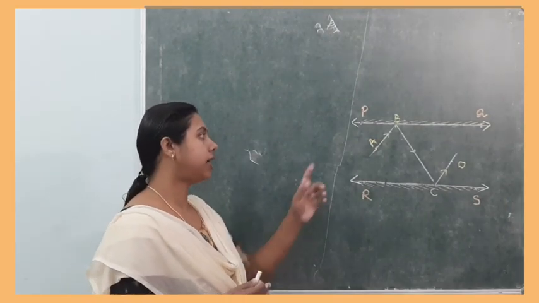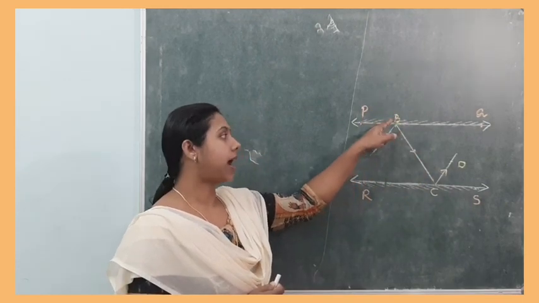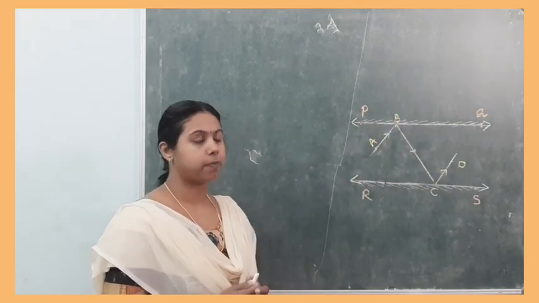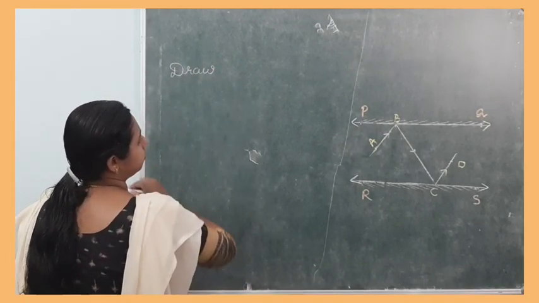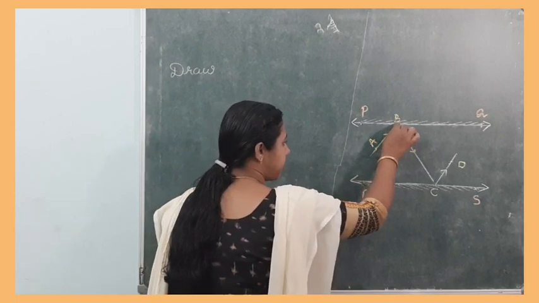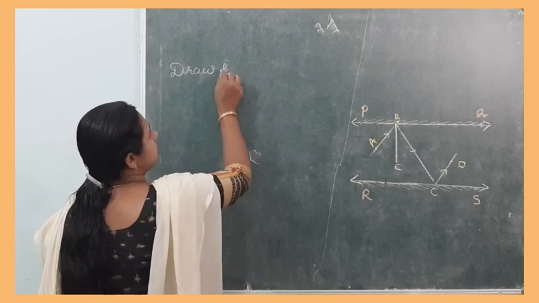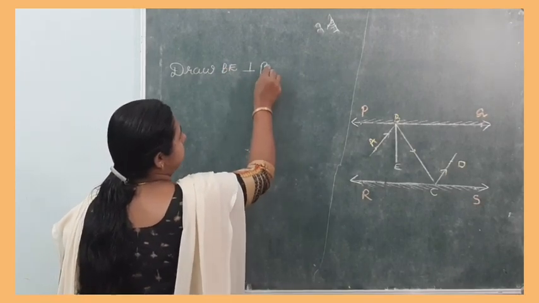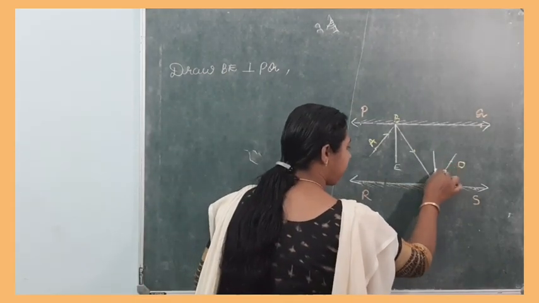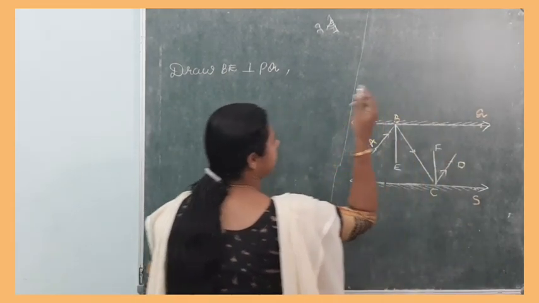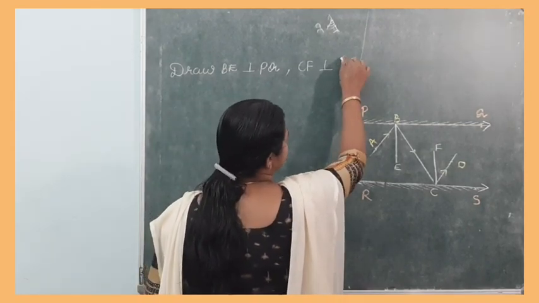Draw perpendicular lines through the point B and C to the line PQ and RS respectively. So draw BE perpendicular to PQ and CF perpendicular to RS.